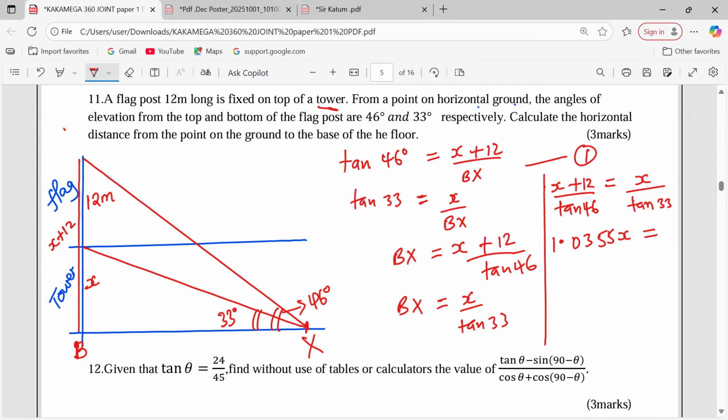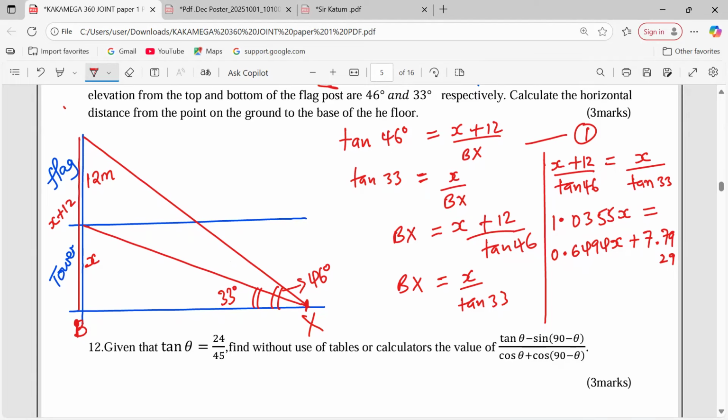So we have tan 33, which is 0.6494 X plus 12 multiplied by tan 33, giving us 7.7929. Yeah, we can have it that way.